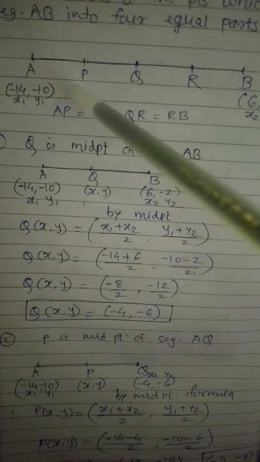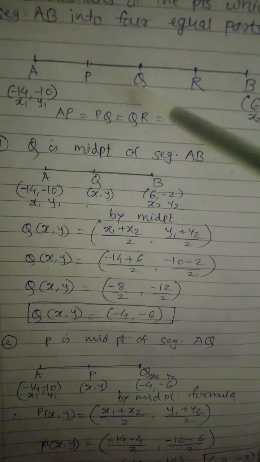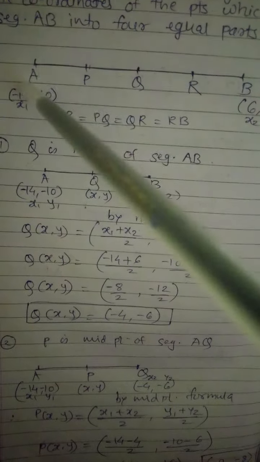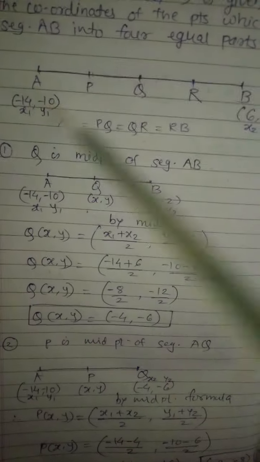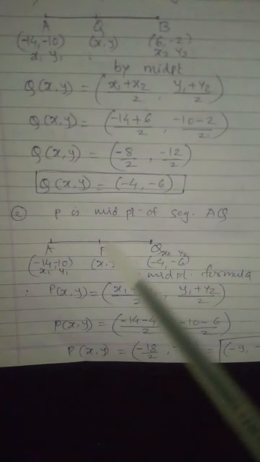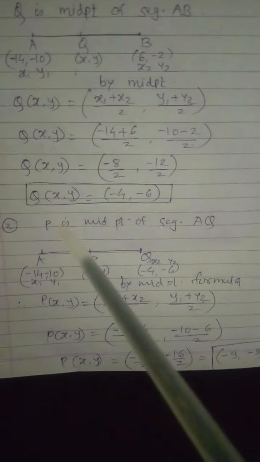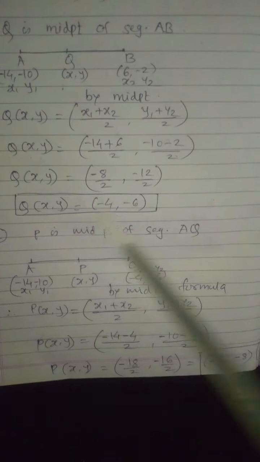Now we are going to find out the coordinates of P. Now see in this figure, P is the midpoint of AQ. So just taking only this part of this figure, we draw here the figure, that is A, P and Q. Now in this figure, P is the midpoint of segment AQ.